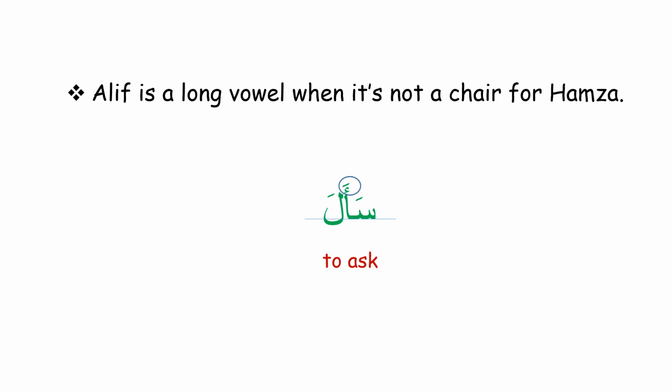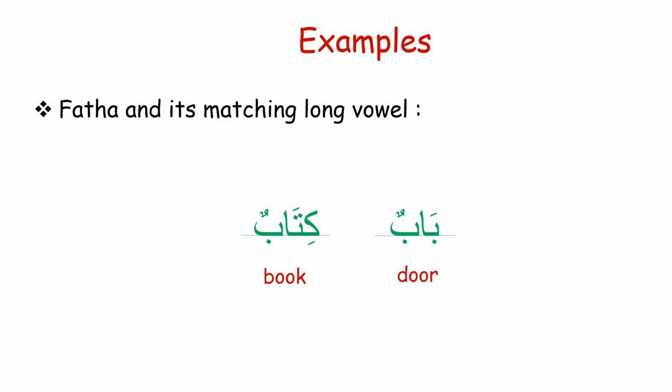Let's now finish this lesson with the last condition. To figure out our last condition, let's pay close attention to the letter Alif, please. As we already said, these words are fully vocalized. So, why is there no diacritic on top of the letter Alif?